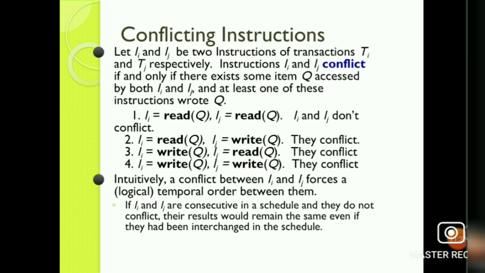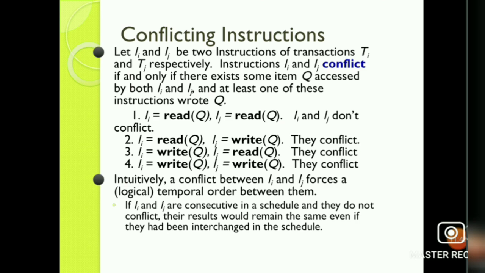Before going to the types of serializability, we will discuss what are called conflicting instructions. With them, we can easily come to a solution on whether a given schedule is serializable or not.